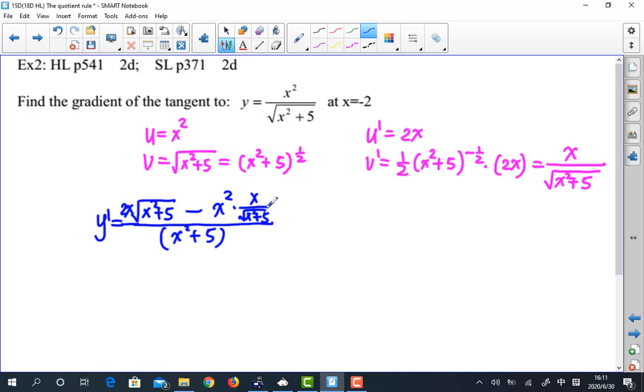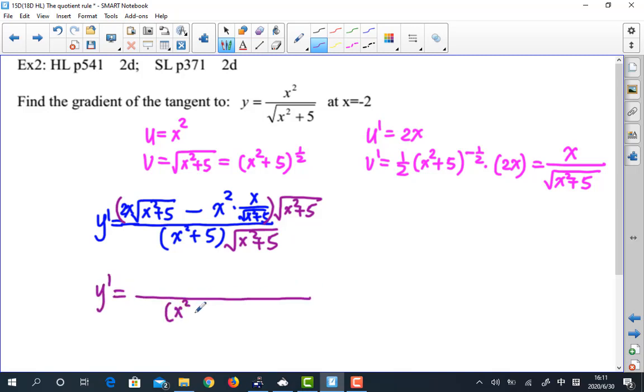You can see a complex fraction in this differentiation as well. So we need to simplify the complex fraction. We multiply the top and the bottom by the common denominator, which is square root of x squared plus 5. So y prime equals x squared plus 5 times square root of x squared plus 5. Distribute this one into the brackets.